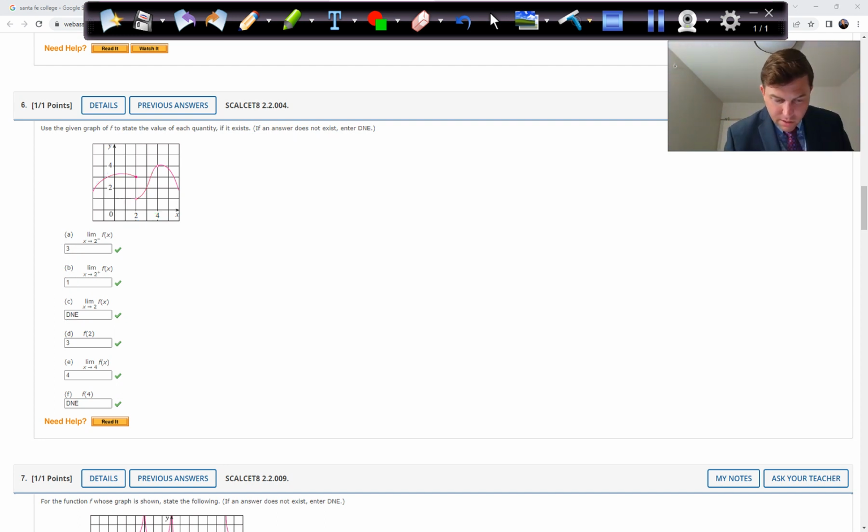Okay, what about the function when x equals 2? When x equals 2, I have two options. Basically, I'm looking at the y values of these two points. This is called a hole, and that's where the function does not exist. This is a filled-in hole, or a point.